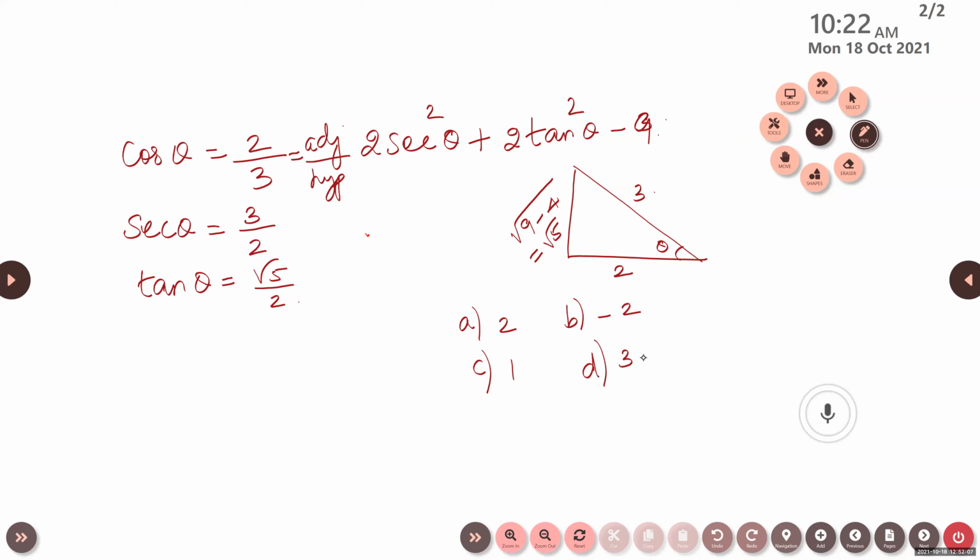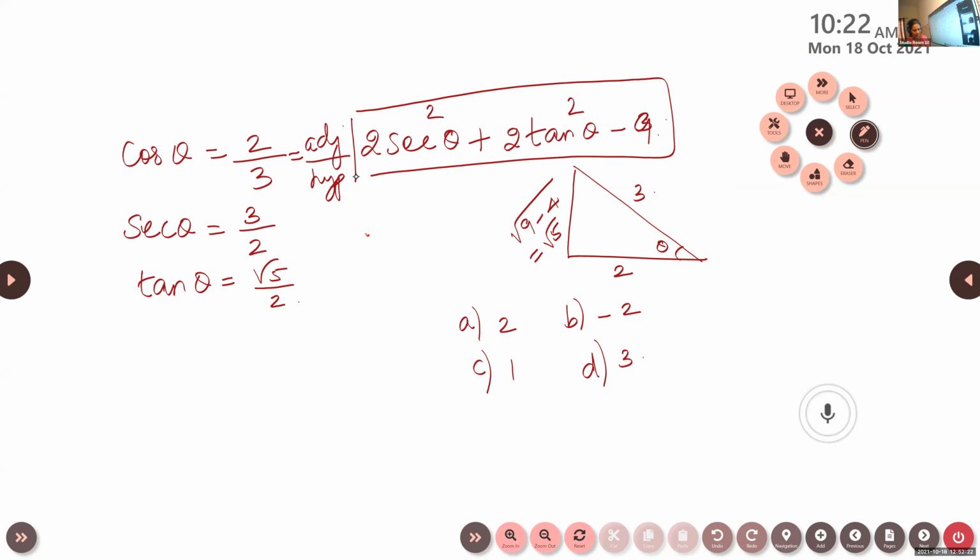The question: 2 sec square theta plus 2 tan square theta minus 9.